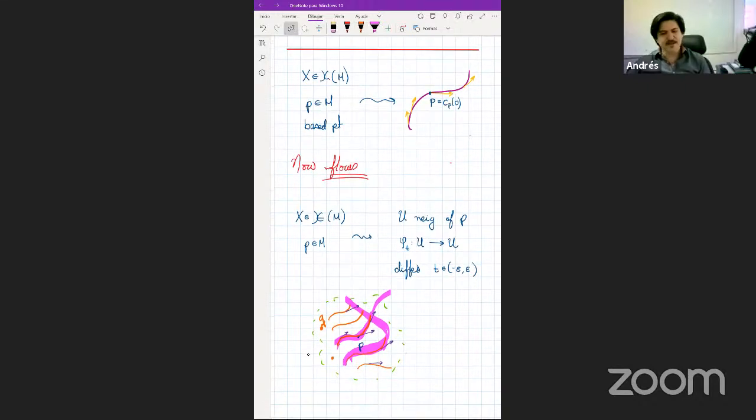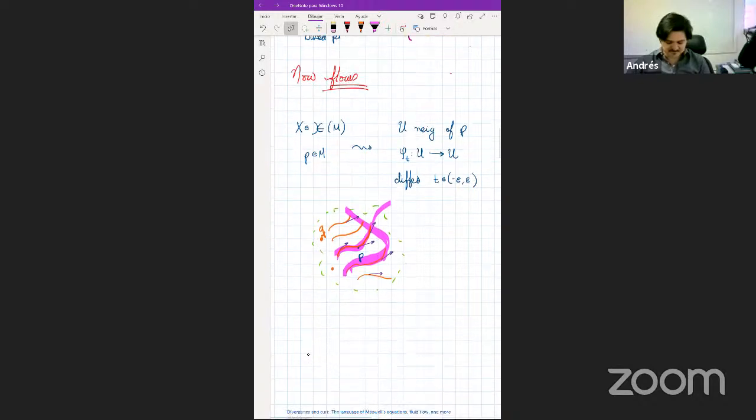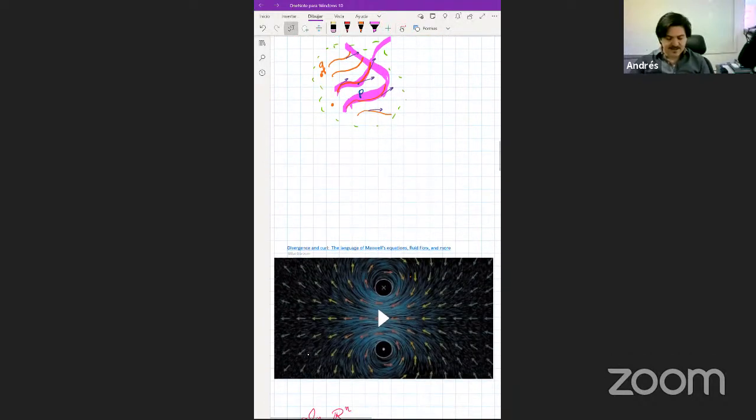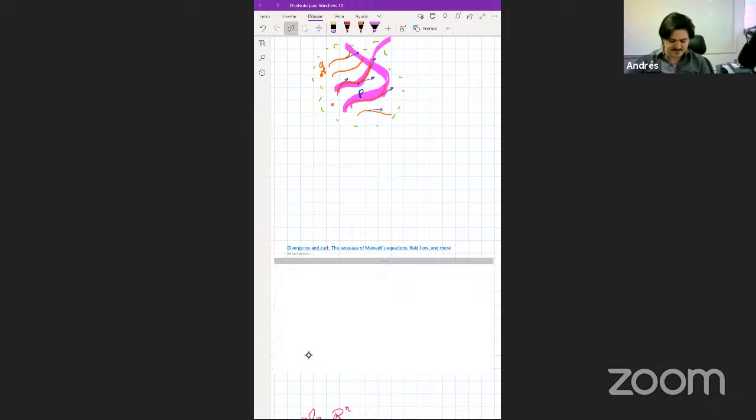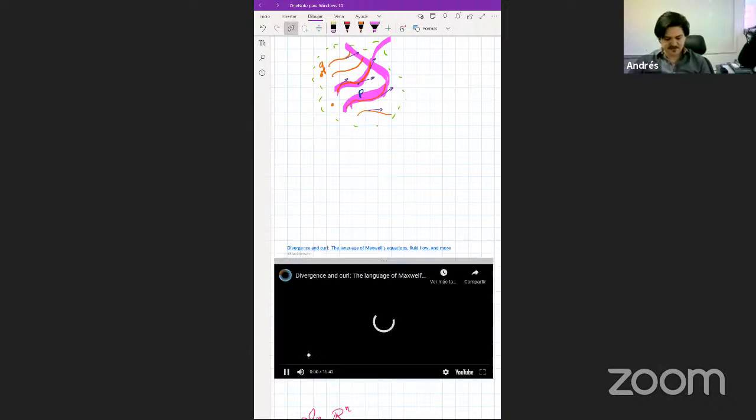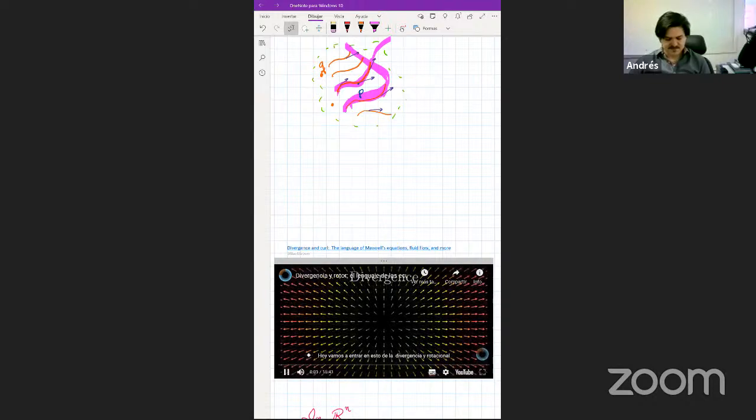So again, the whole idea about a flow is we have a vector field and we're going to put together all of the integral curves. And that's going to create some functions, diffeomorphisms, and they are called flows. And that's something that you might be familiar with. Let's see if this works.